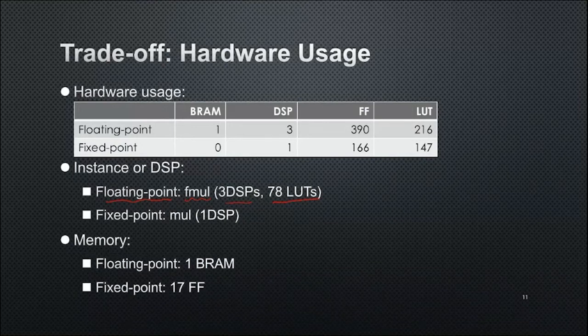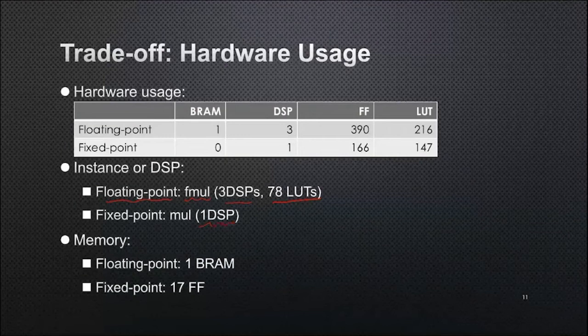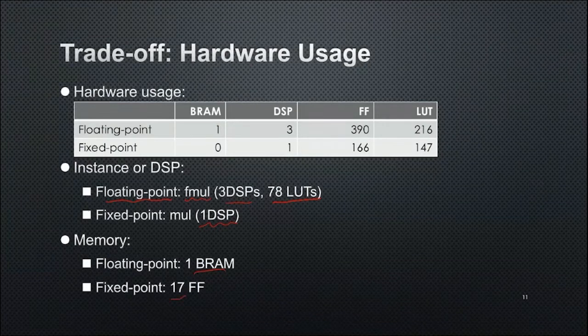On the other hand, the fixed point multiplication only needs 1 DSP. Besides, since the total amount of memory needed for the floating point design is more than that for the fixed point design, the tool will need a BRAM for the floating point design, but you only need FFs for the fixed point design.